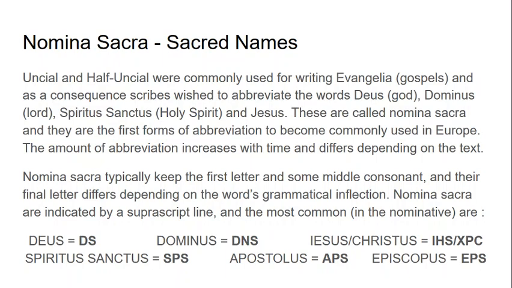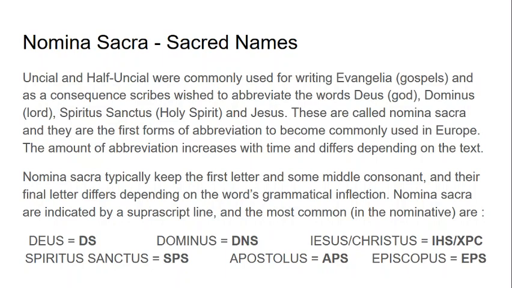So it's a superscript line, and the most common ones I've given you here in the nominative, I'll explain how to do them in the other cases, are Deus, which is written DS, Dominus, DNS, Jesus or Christus. They actually use the Greek version, so IHS and then XPS for the Greek letters of Jesus, iota, eta, and sigma, and then chi, rho, and sigma for Jesus Christus. You have Spiritus Sanctus, which is written SPS.